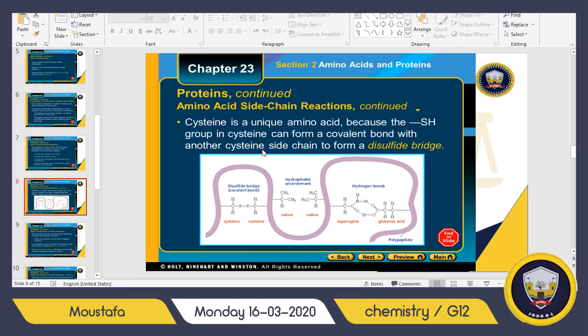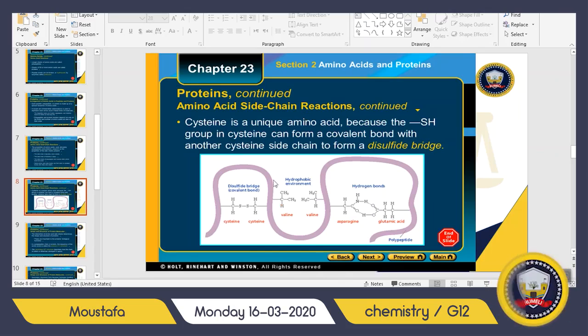As mentioned before, we have 2 types of chemical bonding. We have intermolecular forces, which are hydrogen bonds, van der Waals forces, and dipole-dipole forces. The intramolecular bonds are covalent bonds, ionic bonds, and metallic bonds.